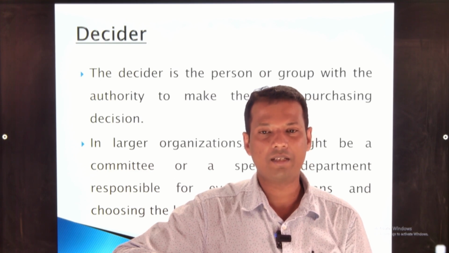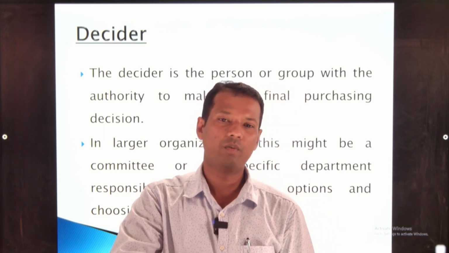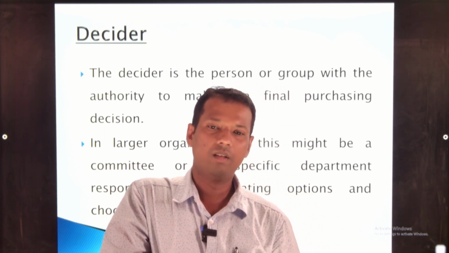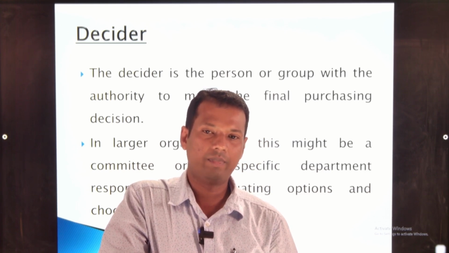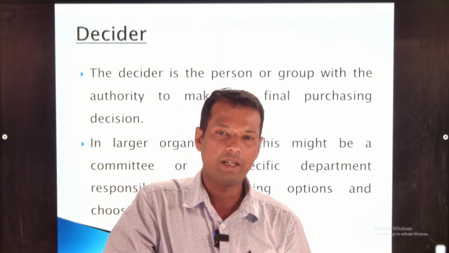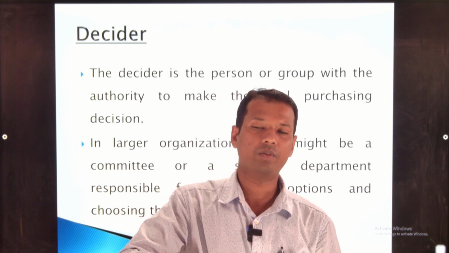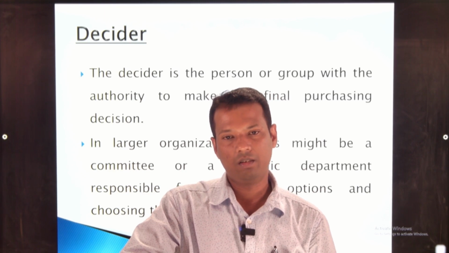It is one of the authorities to initiate the purchasing decision. The final decision may or may not rest with the central government, but some other decisions have to be taken by the state government and also the central government. So here the decider is the government of Orissa.